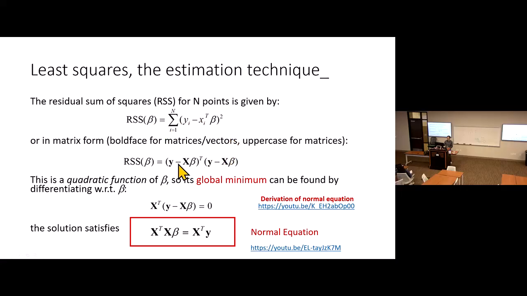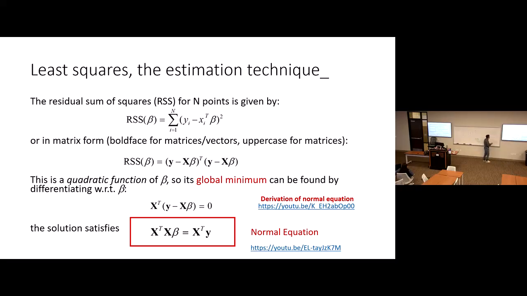This expression can be rewritten into this formula, okay? This is the dot product between them. Then we need to take a differentiation with respect to beta.